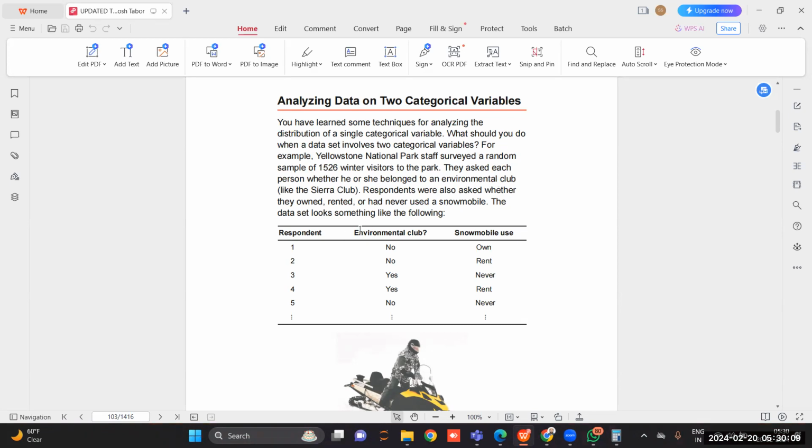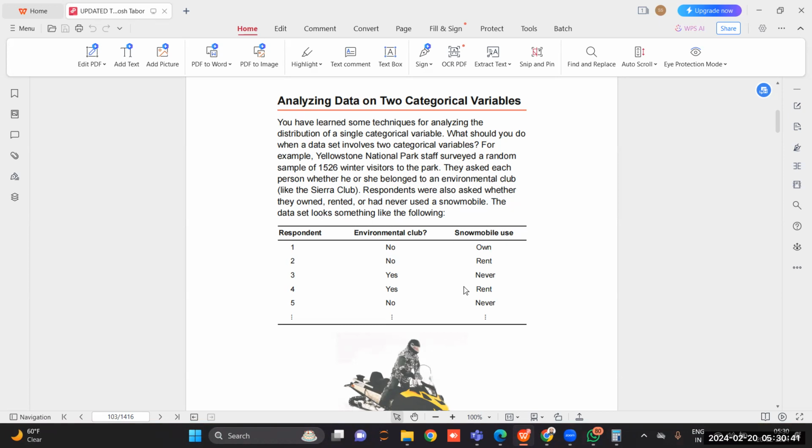The answer will be a category, a binary yes or no. If he belongs to the environmental club, he will say yes; if not, he or she will say no. The second question was whether they owned, rented, or had never used a snowmobile. The data set looks something like the following.